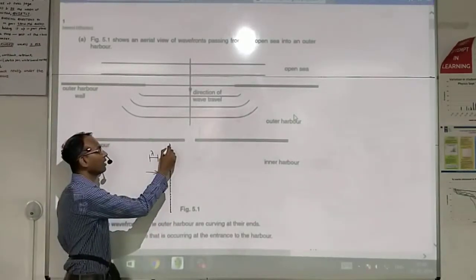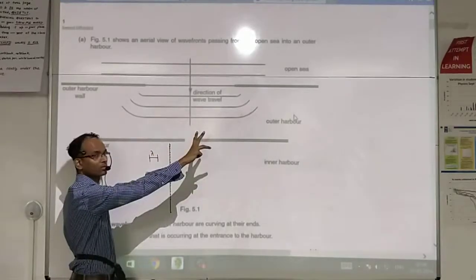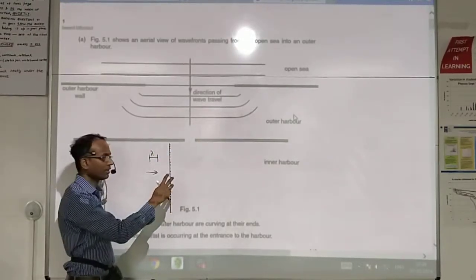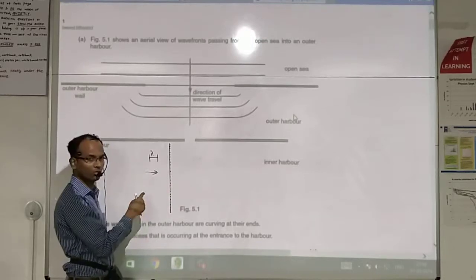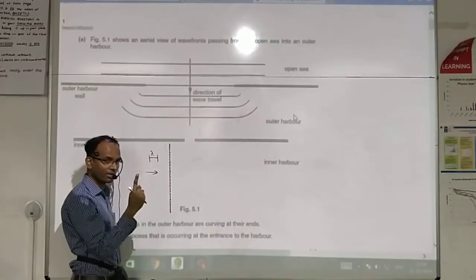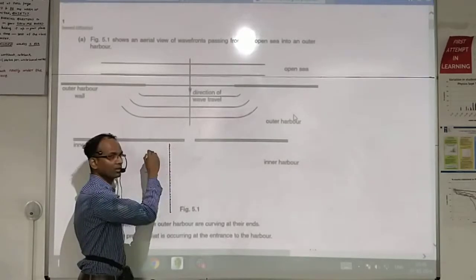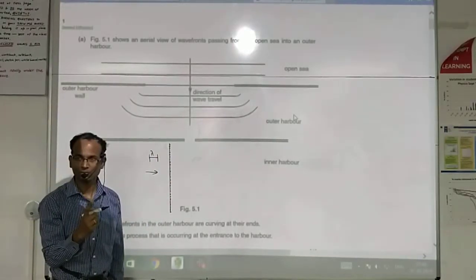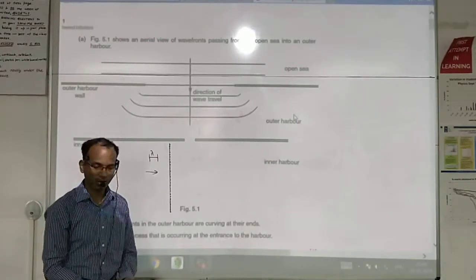From here a new circular wave is emitted, from this point a new circular wave is emitted, and they all travel with the same speed as the original wave. After one time period, from each point the circular wave will travel a radius of one wavelength. Agreed? So if you draw it, see what happens.